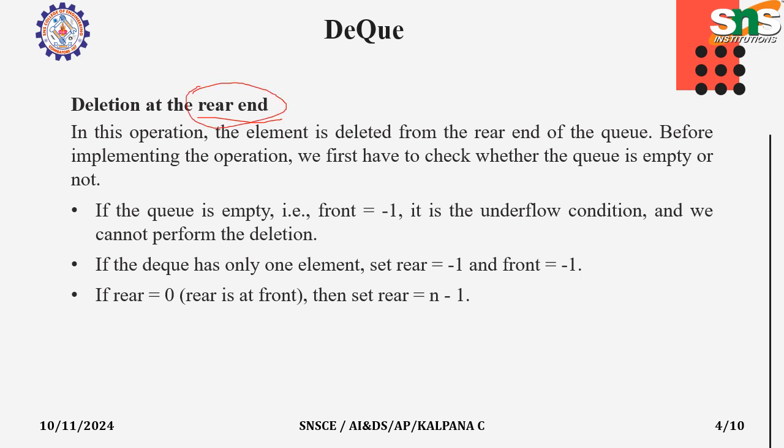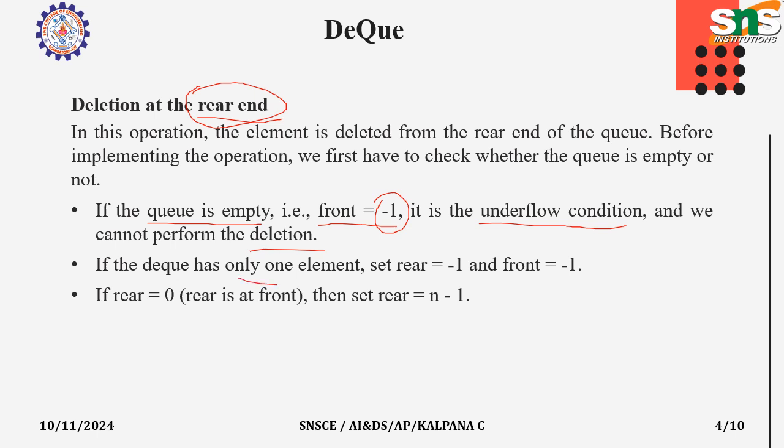So here, the same condition: I have to check whether my front pointer is -1 or not. If it is -1, it is an empty queue, so it is an underflow condition. I cannot perform any deletion operation.